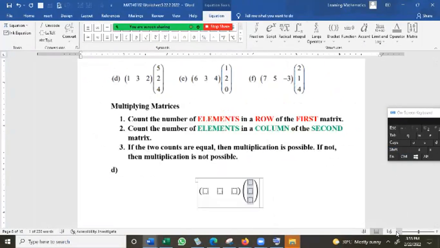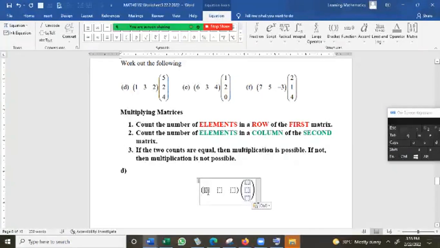The row matrix is 1, 2, 1, 3, and 2. And the column matrix is 5, 2, and 4. So you are told to multiply those two matrices.